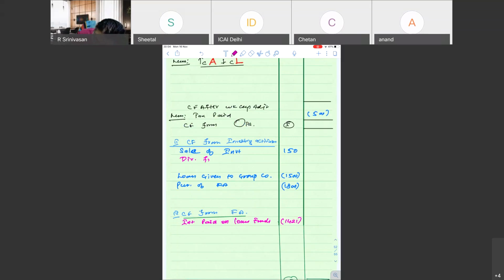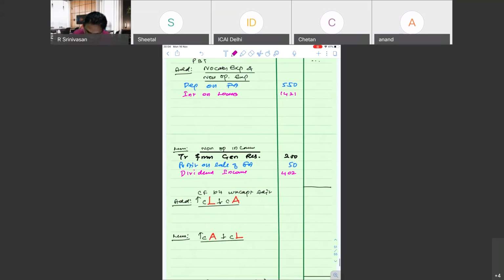Dividend from investments 402. Right. Investments costing 20 lakhs were sold at 25 lakhs, so we have profit on sale of investments. How much? 500.